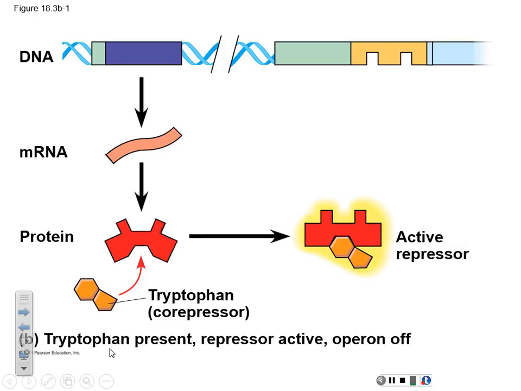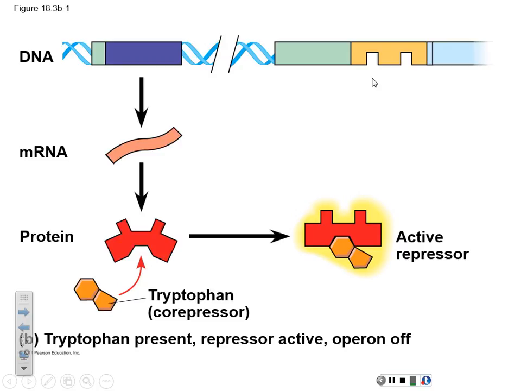When tryptophan is present, it binds to TrpR, it changes its shape, and it allows it to sit down on the operator. When tryptophan is absent, it doesn't bind to TrpR, and TrpR can't bind to the operator.